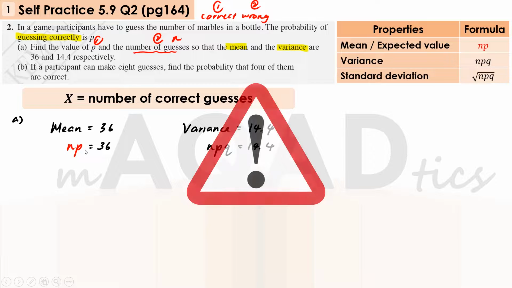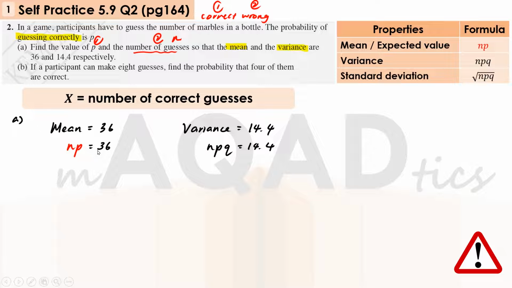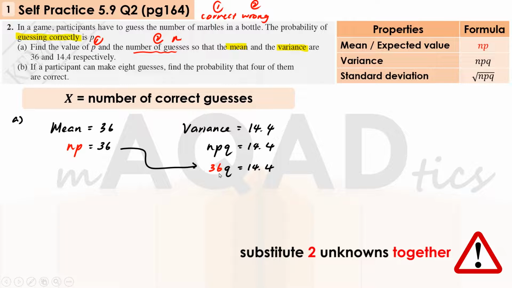Okay, so now we can do substitution, but this is not our typical substitution, right? Usually when we substitute, we only use one unknown to substitute. But here, what we can do is use two unknowns together to substitute inside the equation. Because in the variance, we have np, which is the formula of mean. So what we can do is straight substitute np with 36.